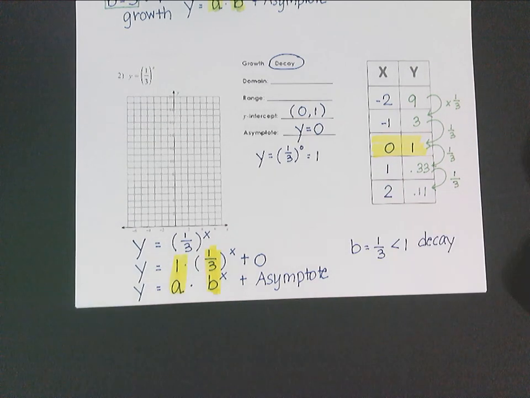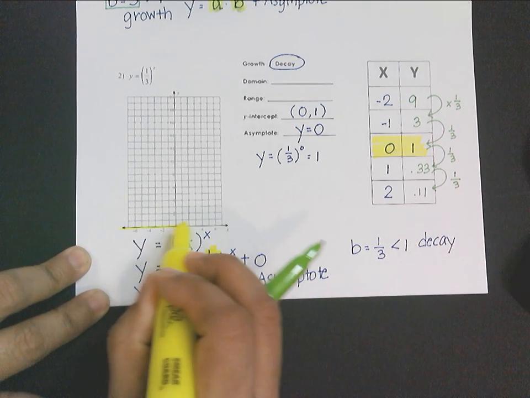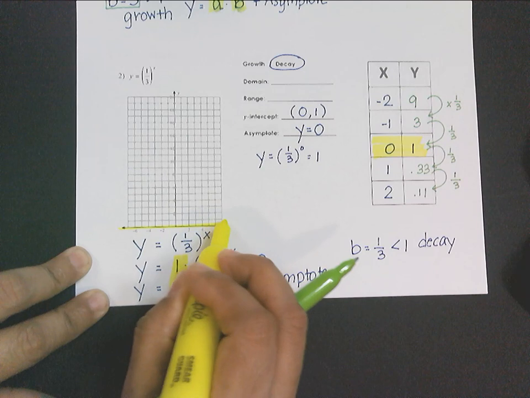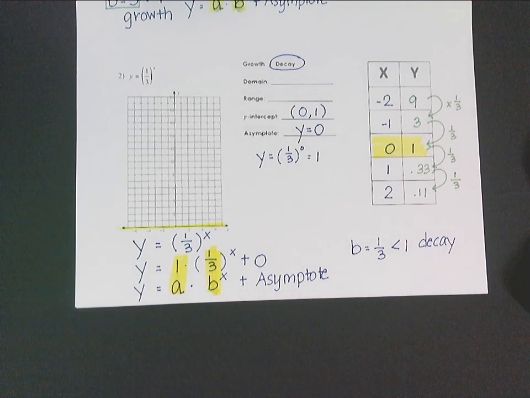And so you could tell what the next y value is. So my range, I have to graph it in order for you to see it. So again, my asymptote is 0. And I cannot reach it or get close to it.